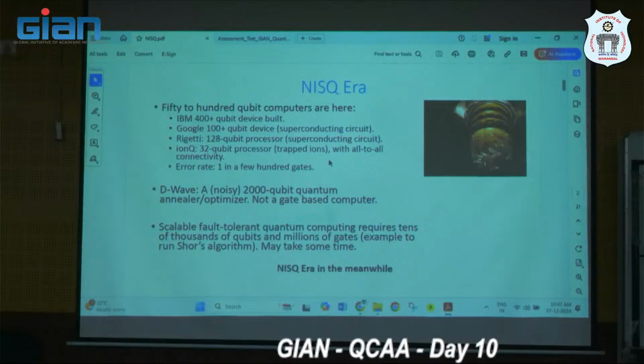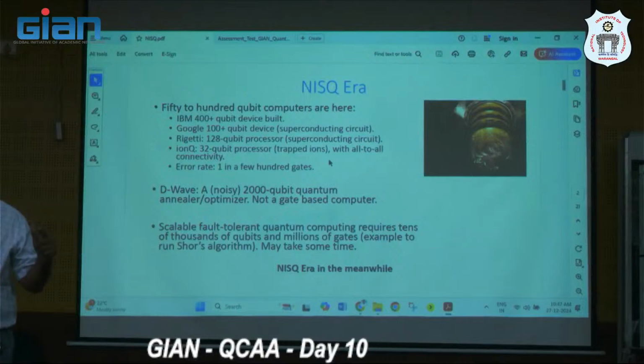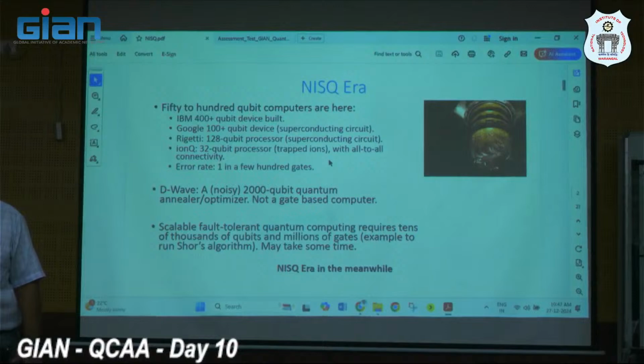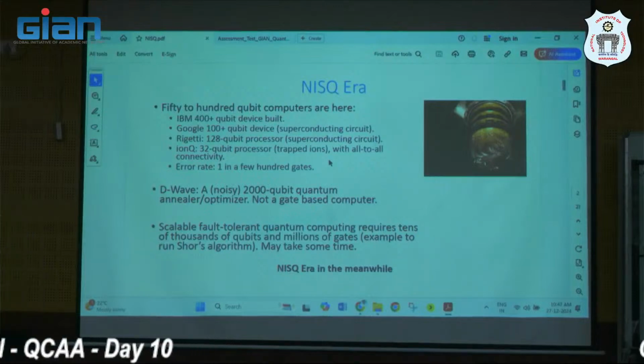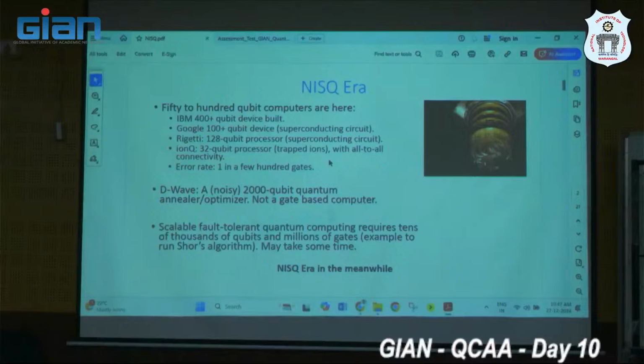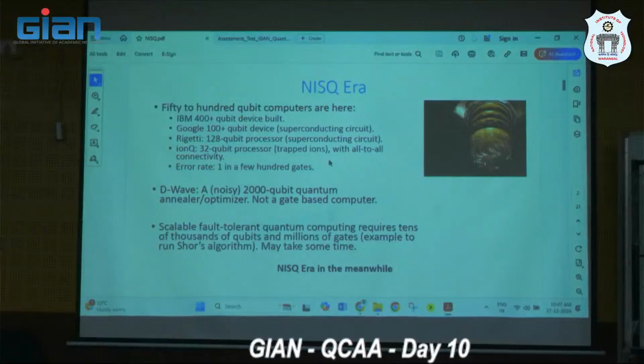That is what they call the NISQ era. What is the NISQ era? Noisy, intermediate-scale quantum, 100 something qubits. Till we have error correction implemented, it will be a NISQ era, correct? Noisy.